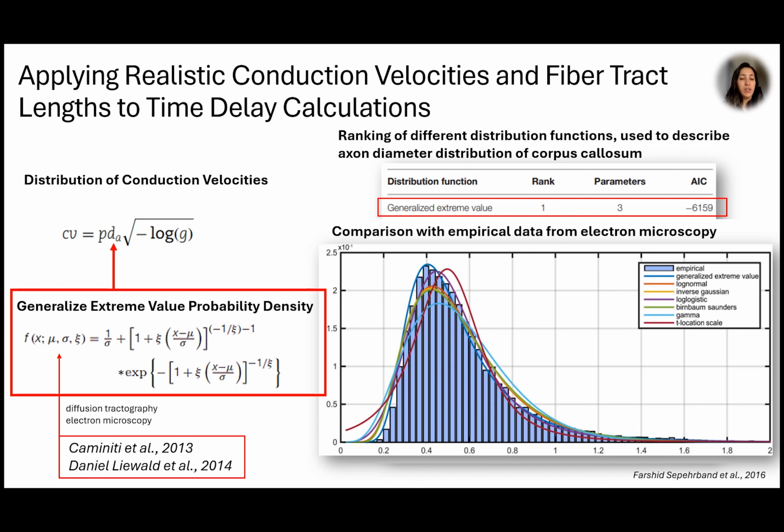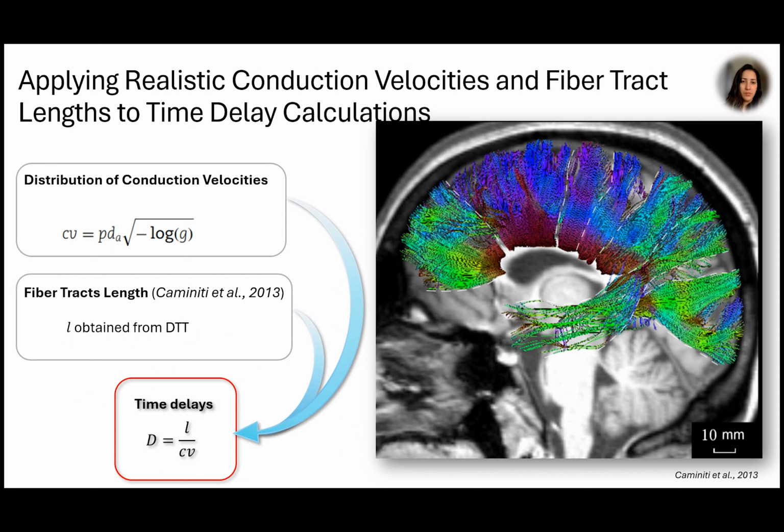Having this distribution, we are able then to compute the conduction velocity. Therefore, in order to calculate the time delays of signal propagation, only the length of fiber tracks is needed, and we extracted it from histological data analysis made by Caminiti in 2013.